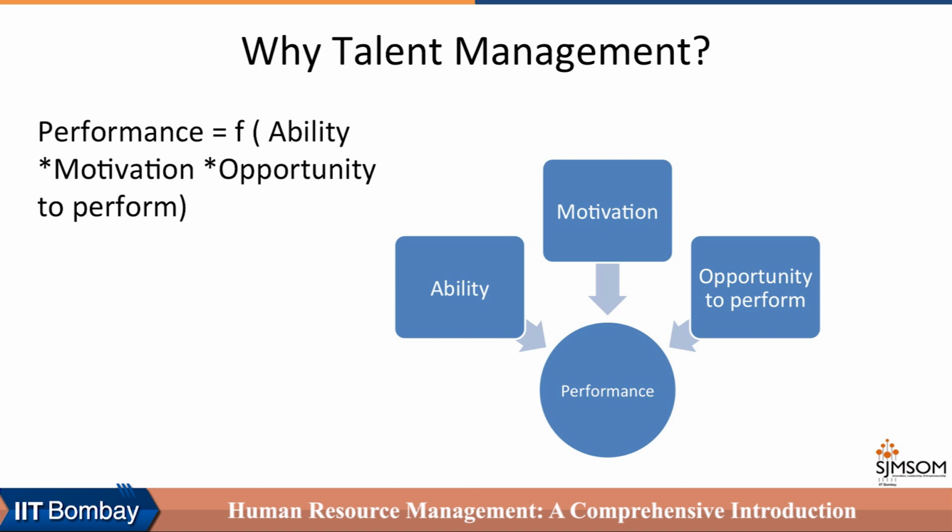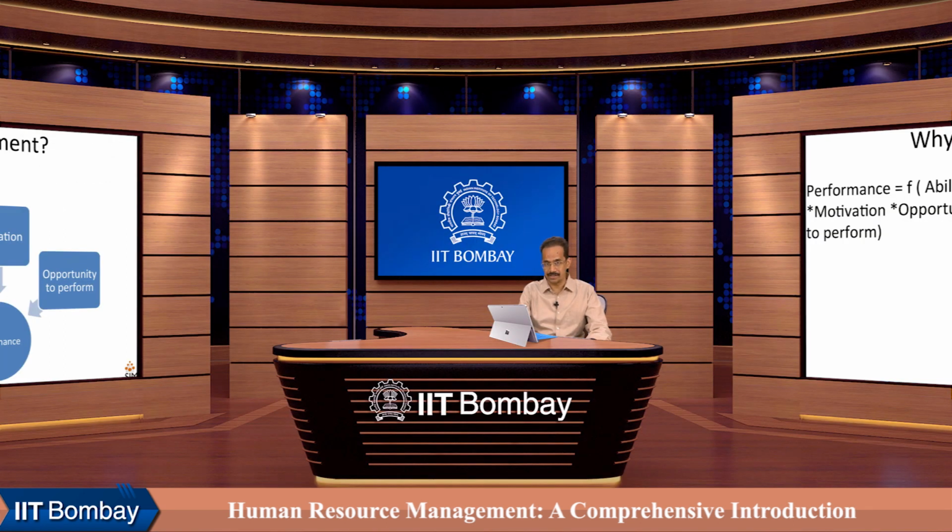Many times it happens that organizations are able to get sufficiently talented and intelligent or competent human resources, but they are not able to give sufficient opportunity. That opportunity loss can be because of poor organization design, not using appropriate technology, uninspiring leadership, and many other factors.